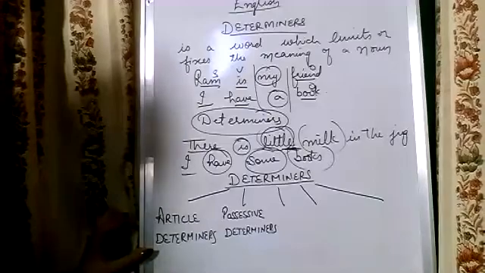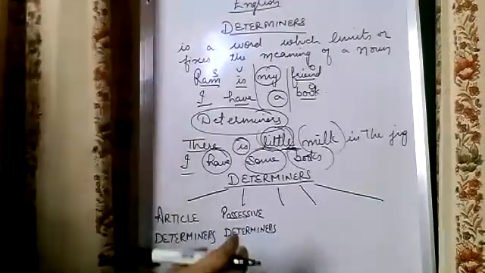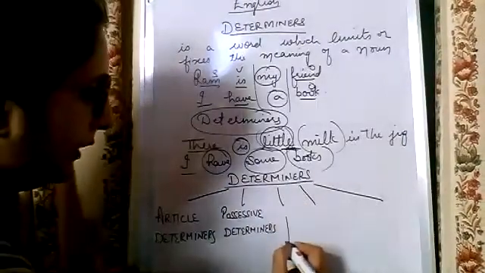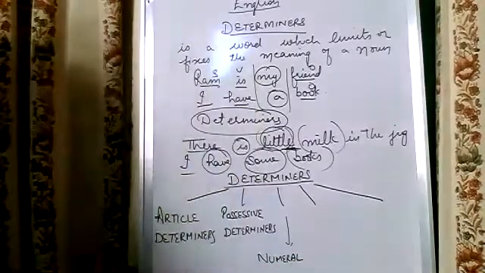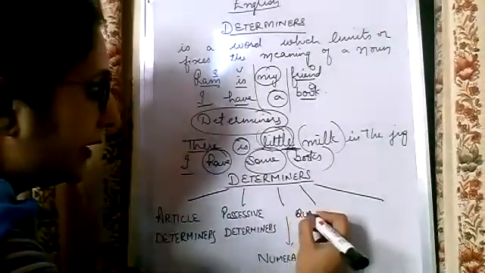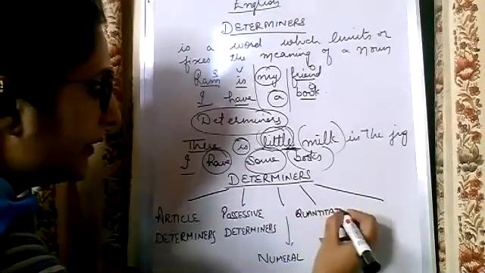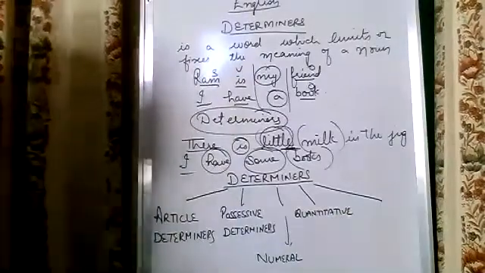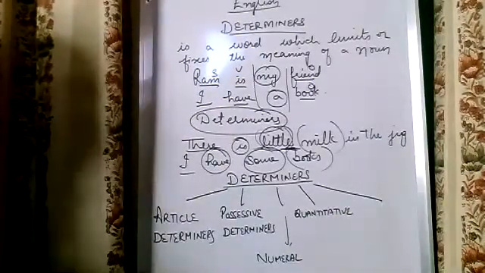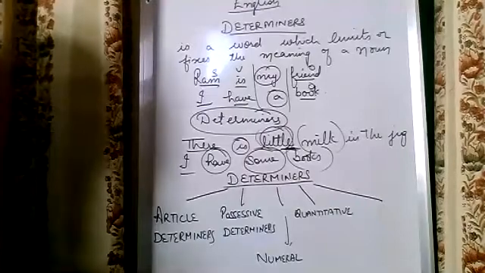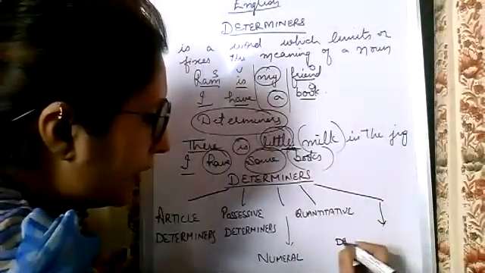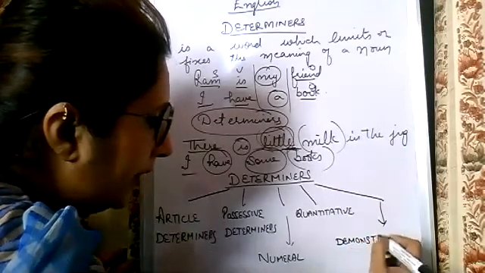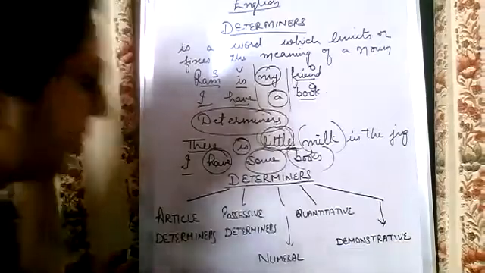Then we have numeral determiners, which tell us about the number, like 1, 2, 3, 4. Then quantitative determiners, which tell us about the quantity, whether it is much, little, or few. Afterwards we have demonstrative determiners.